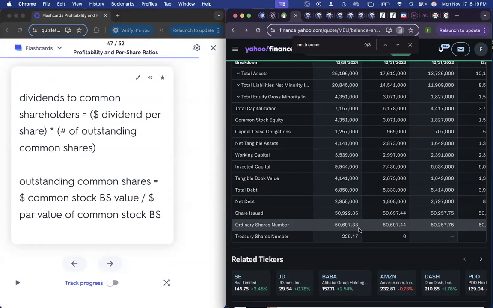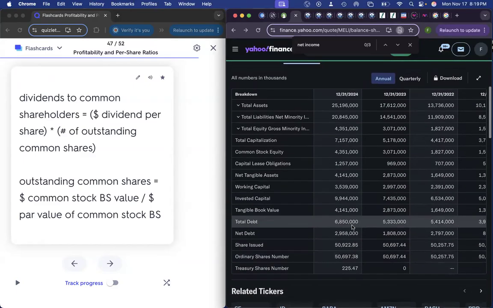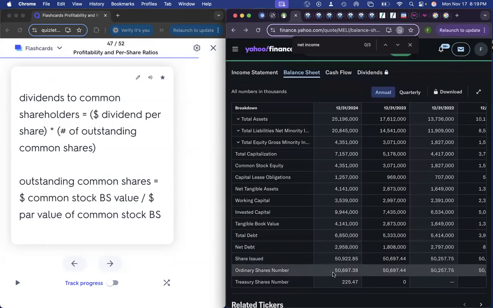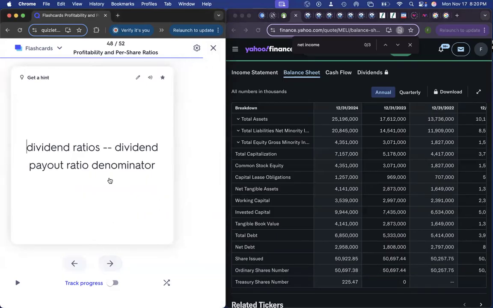If you want to determine the outstanding common share number and they didn't give us the number, say they said $200,000 in ordinary shares, you would divide that total by the par value, that dollar amount, and you would get the common shares. The denominator is net income minus preferred stock dividends.